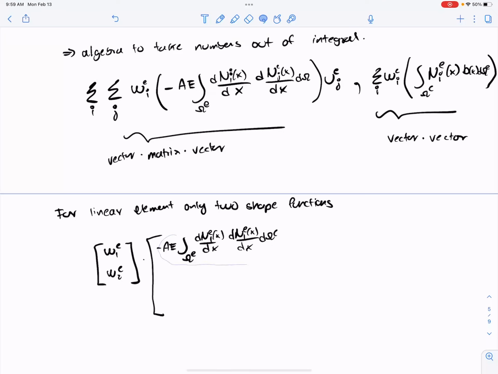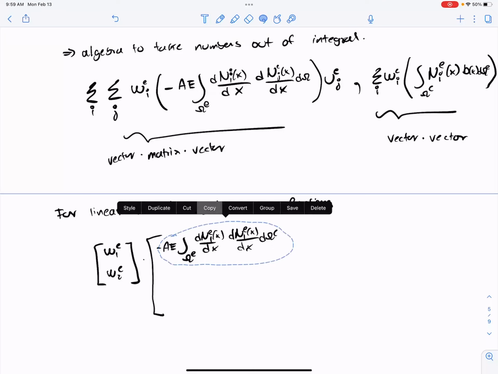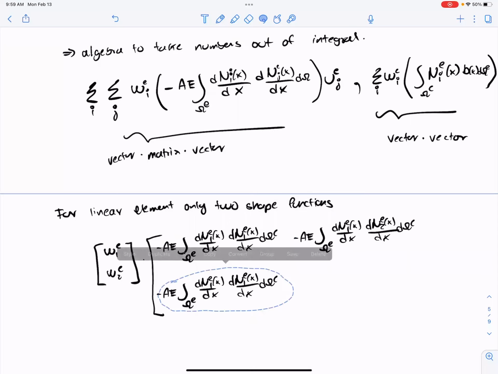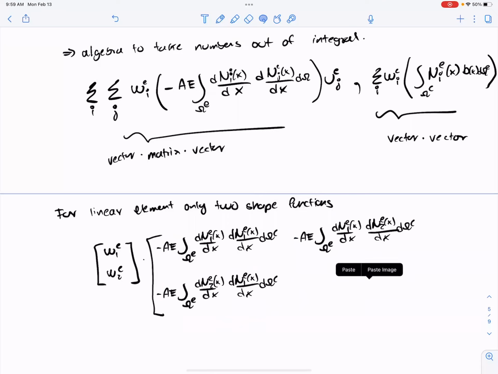And then these are all just the 4 possible combinations. So this one is dn1 with dn2. This one is dn2 with dn1. And this one is dn2 with dn2.